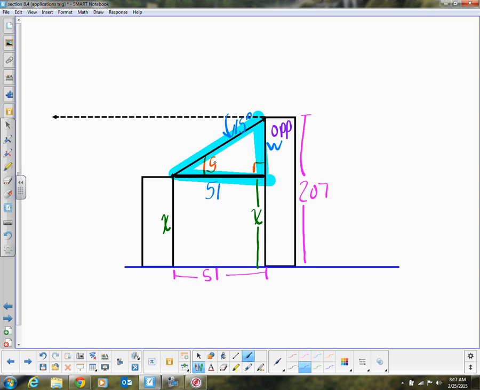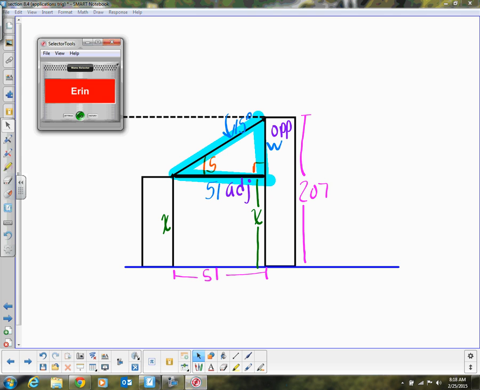No. With respect to 15, what is this? If we have hypotenuse and adjacent left. Right, because where's the hypotenuse? Opposite the 90-degree angle.